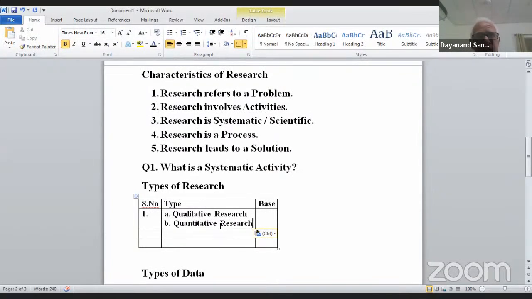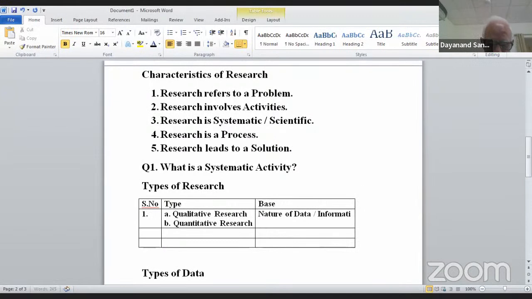In music, in fine arts, in medical science, in computer science, in geography, in Hindi, in English, in Marathi, in Gujarati, in history, in economics, social work, physical education, any subject you have, in each subject, either you have a qualitative information or you have a quantitative information. So therefore, the base is nature of data or nature of information, or even you can say type of information or type of data.